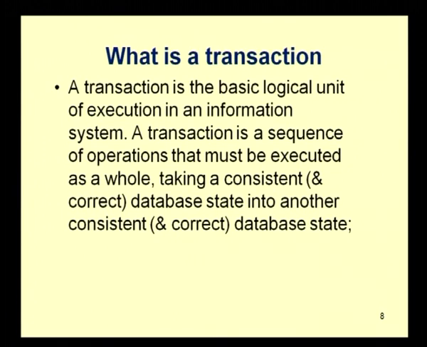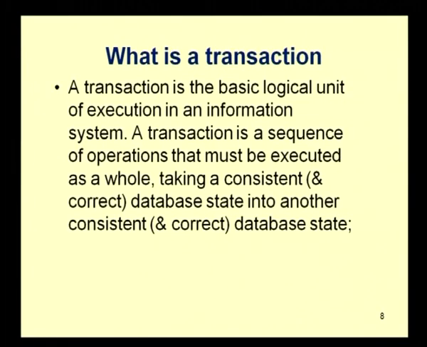There is no question that you can do part of a transaction. A transaction has to be done as a whole, and that is one property we have additionally added. So, first, a transaction is a sequence of operations. Second, the complete sequence has to be executed as a whole, and when you execute a transaction, it has to take the database from one consistent and correct state to another consistent and correct state.